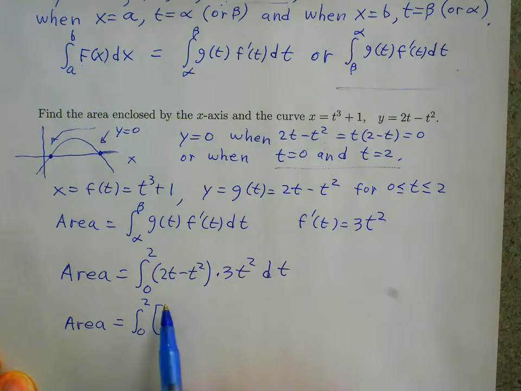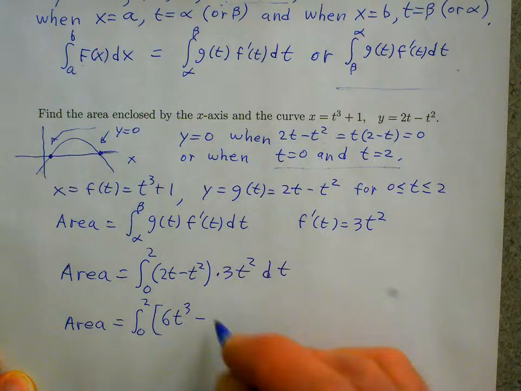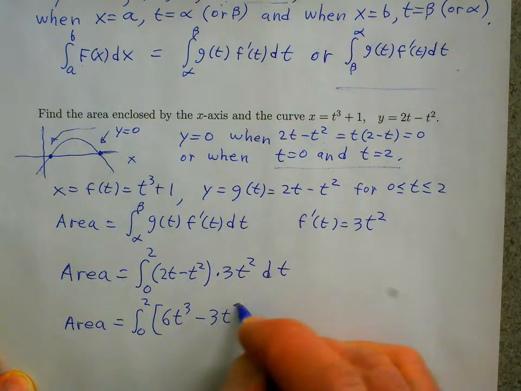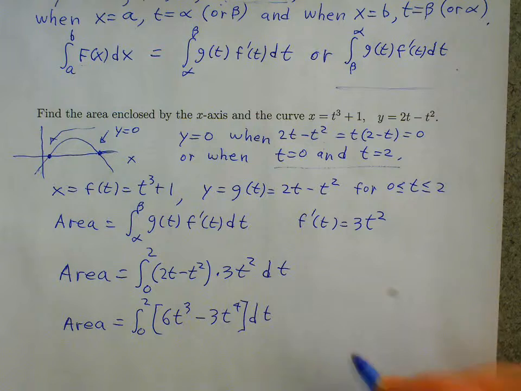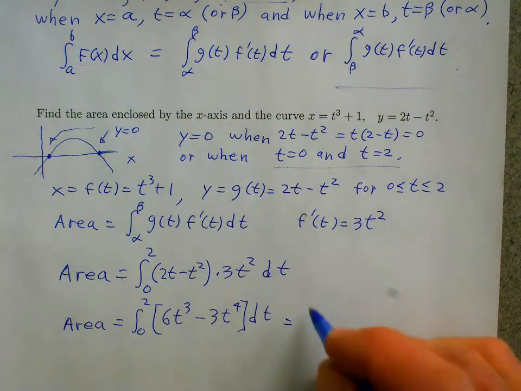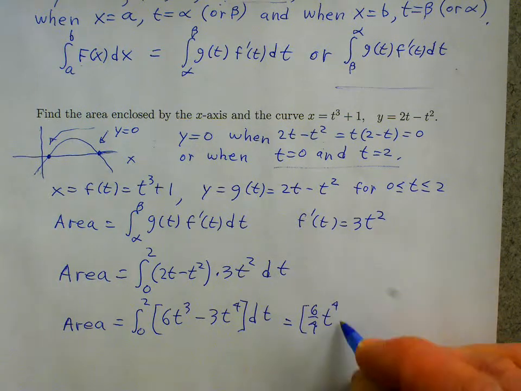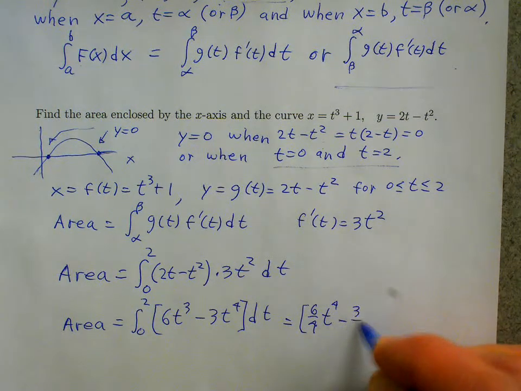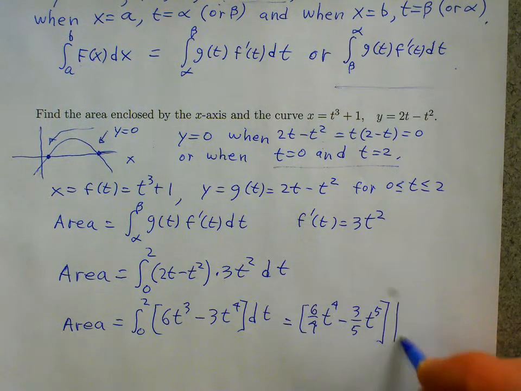We get 6t to the third minus 3t to the fourth, and 6/4 t to the fourth minus 3/5 t to the fifth, from 0 to 2.